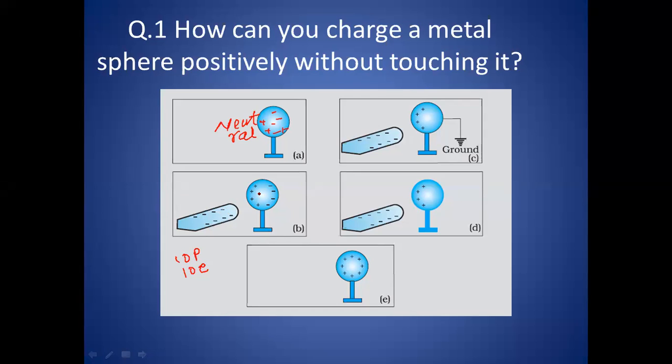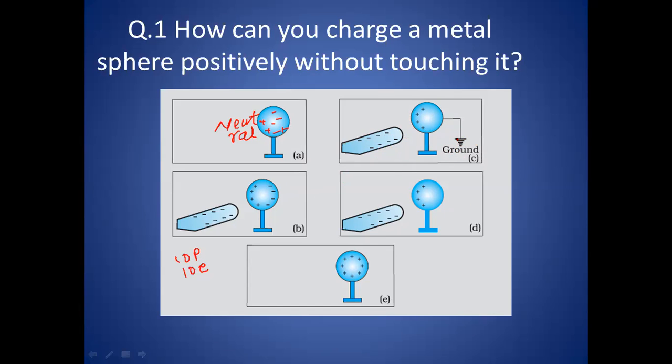Now the sphere, where negative charge is available, is grounded, meaning we take a wire and connect it to the earth, the ground. Now all the negative charge will go through the ground and only positive charge will appear here, because this plate attracts the positive charge. Now remove this ground.